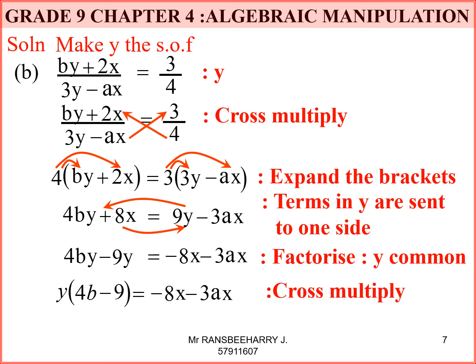So y into 4b minus 9 is equal to minus 8x minus 3ax. Next step, we cross multiply. So we obtain y is equal to minus 8x minus 3ax divided by 4b minus 9. So we have made y subject of formula.